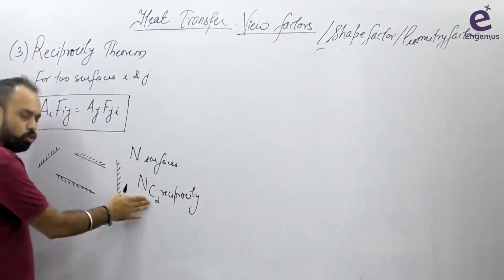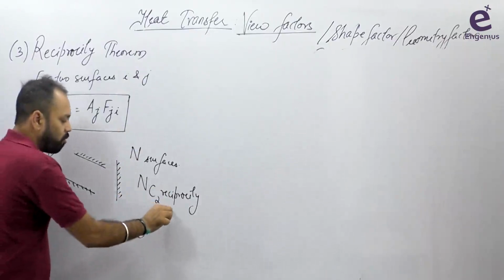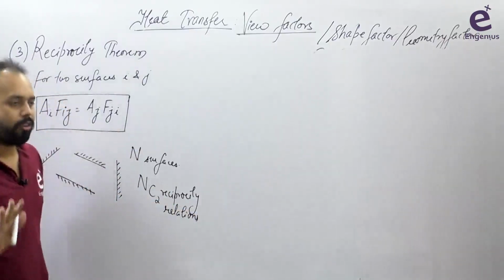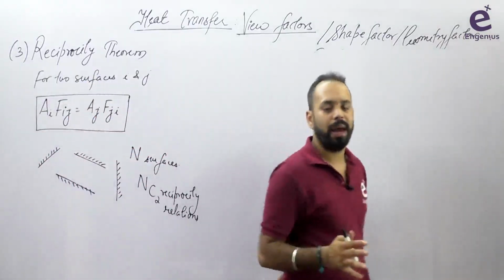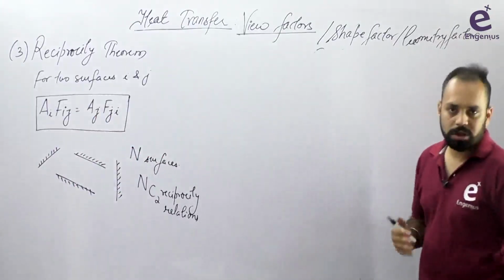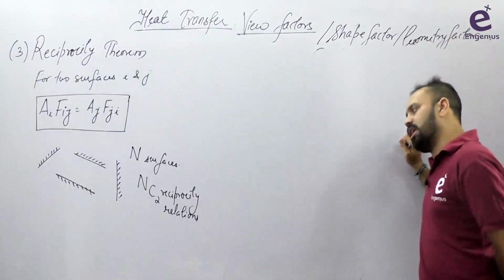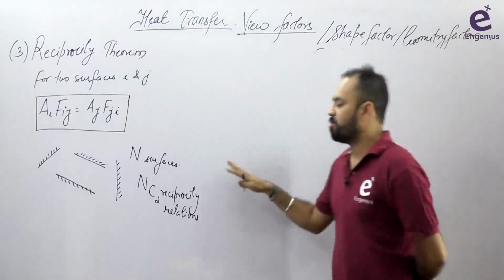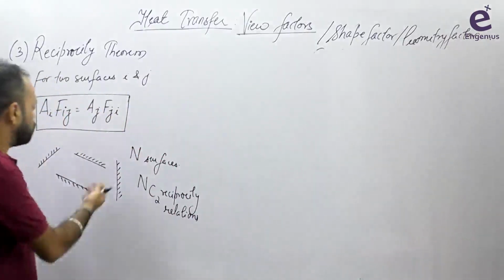Please note, it is not mandatory that for writing a reciprocity relation the surfaces should form an enclosure. If they are forming an enclosure, the reciprocity theorem can still be written; if they are not, it can still be written. So if there are n surfaces, there will be nC2 reciprocity relations.